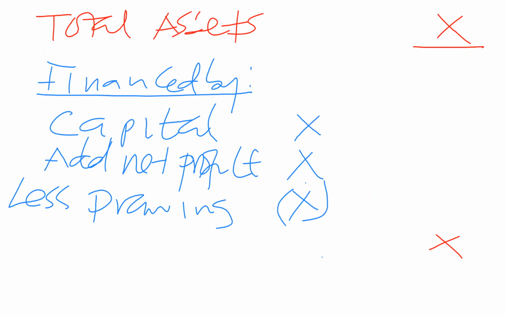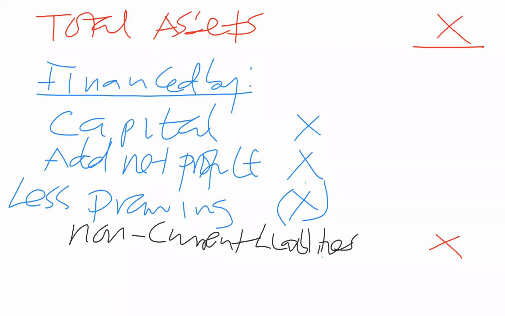We have liabilities now. We have recorded the total capital, and we know what forms total capital. We can now record liabilities, and come up with non-current liabilities. Non-current liabilities are those obligations that you have to meet as a company after 12 months from now.